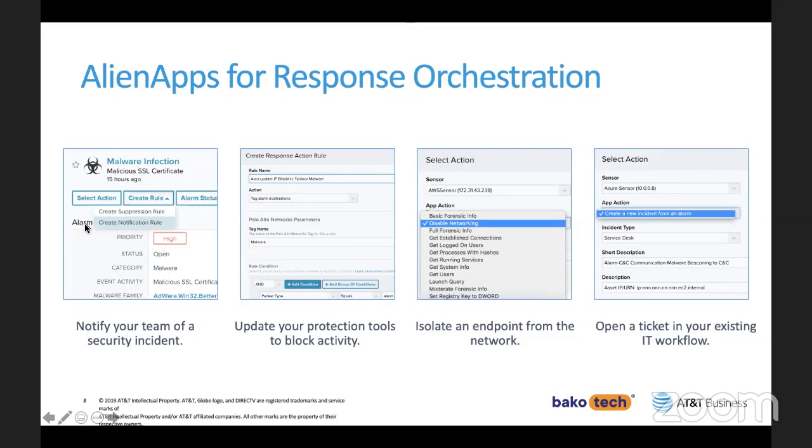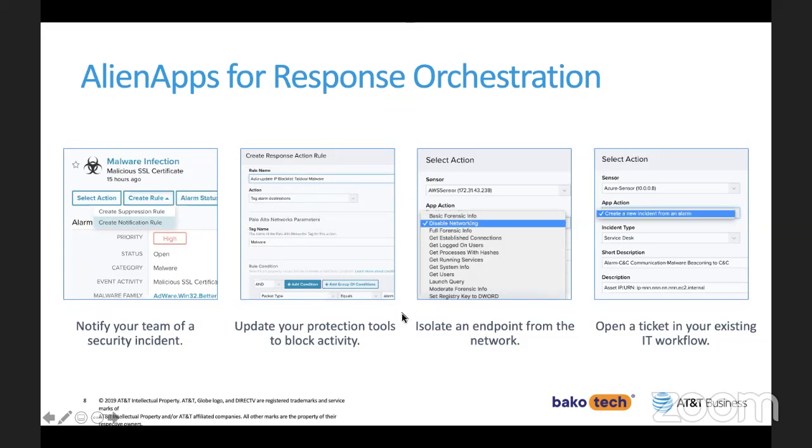We could create a notification rule that will notify our team about this event, and then we could create or use a response action. So we grab the IP connected with this type of event and block it in our Palo Alto Networks firewall.